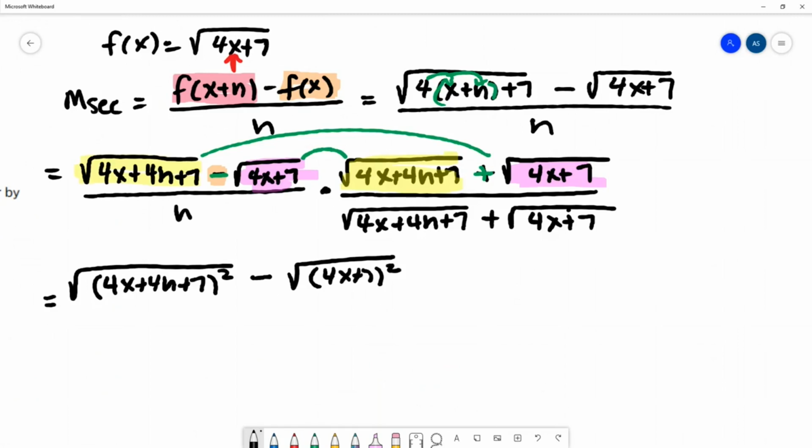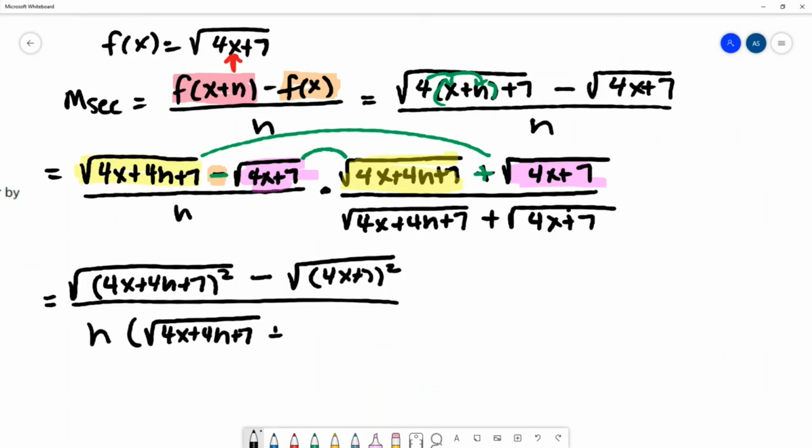In our denominator, we'll have h times square root of 4x plus 4h plus 7 plus square root of 4x plus 7. Now, as I said earlier, when you multiply the outside and the inside together, those terms are going to cancel out in the middle, so I'm not writing them here.